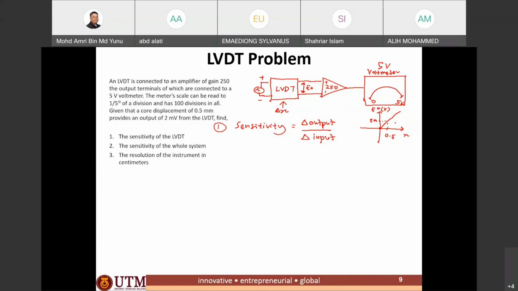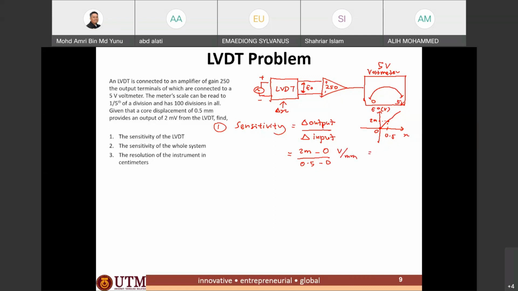So we can find the sensitivity from the slope: 2 millivolt minus 0, so one output point and then the origin, over 0.5 minus 0 mm.